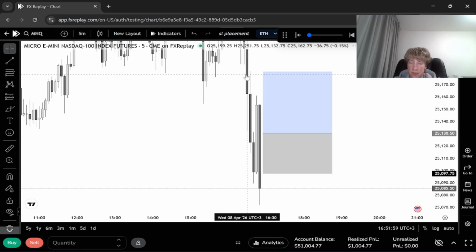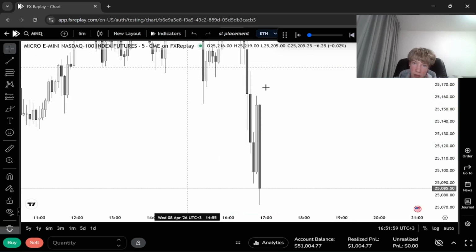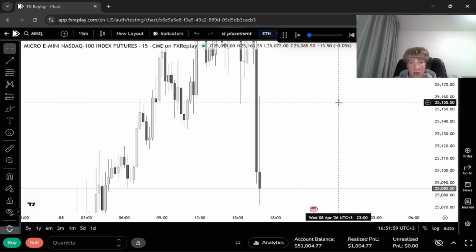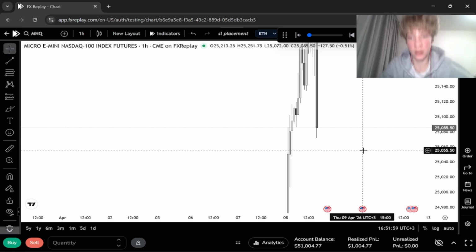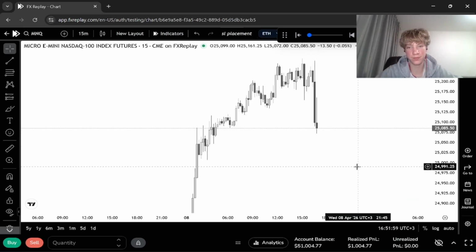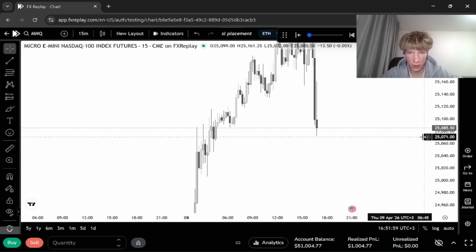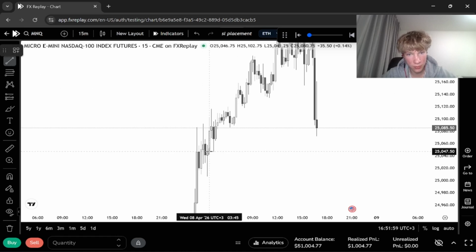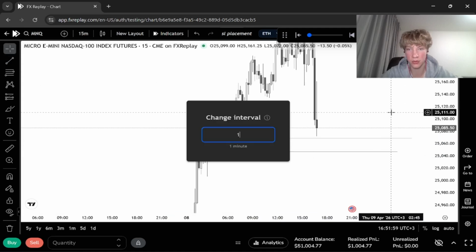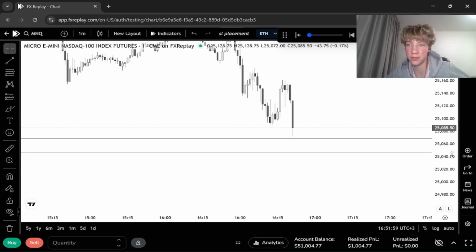See, this is what I'm saying. And is there much to go lower for? I mean, we haven't swept this low inside this gap, so it's something.